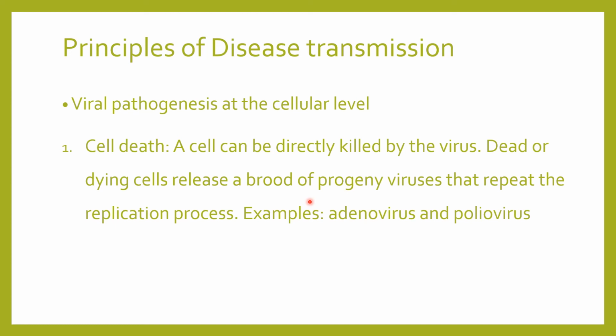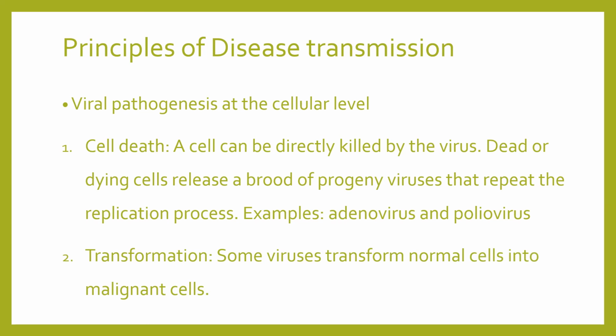It can directly kill the cell and multiply within the cell before it kills it. The progeny will be released in the system, and again infect and invade other cells, and the process continues. An example of this would be poliovirus. So it causes direct cell death.